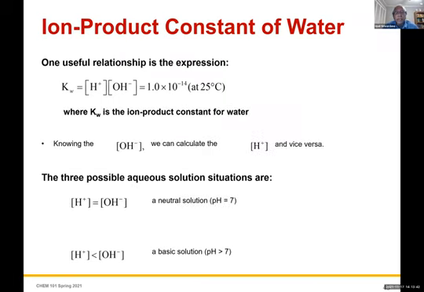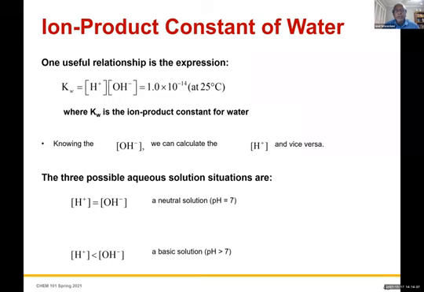Let me see whether, this is not shown here in the dissociation equilibrium. Two water molecules react with each other to produce hydronium ion and hydroxide ion. The ion product of water is the hydronium ion concentration times the hydroxide ion concentration, which is found to be 1 times 10 to the negative 14.